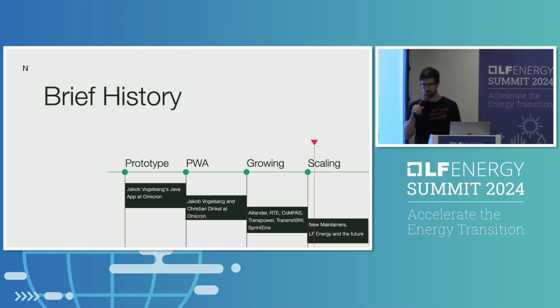One thing I like to talk about is why we are here. OpenSCD is not part of LF Energy. The community tried to join LF Energy. We wanted to join for all the advantages you all know about, but we didn't always agree on whether we needed this or not.